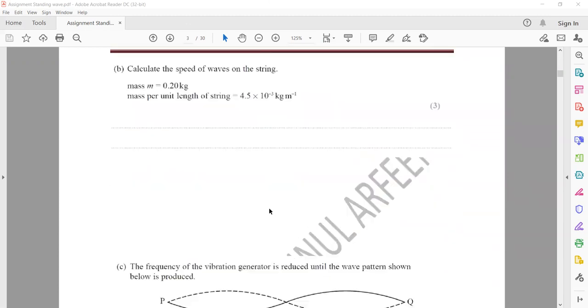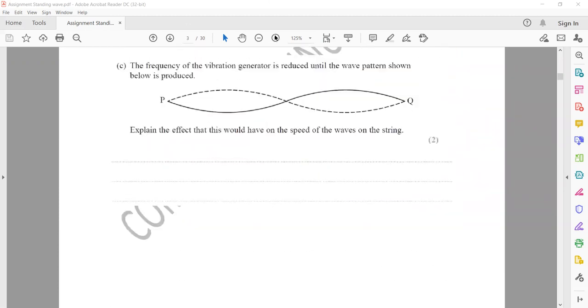We reduce the frequency, so the wavelength has increased. But what happened to speed? Because v equals f lambda, one is decreasing, the other is increasing, so the product will remain the same.